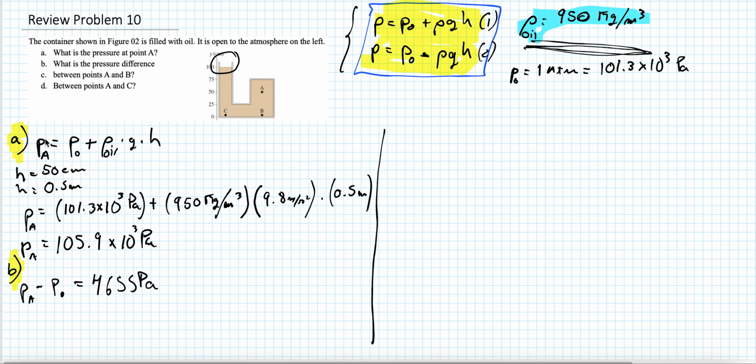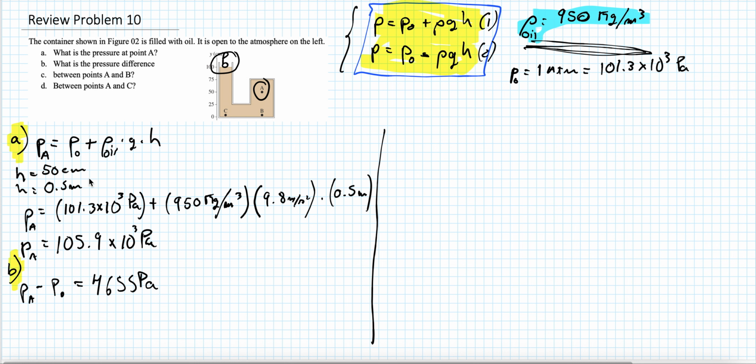So take a look. We have the pressure here in point A, and we need to calculate this pressure. This pressure will be the initial pressure, the atmosphere pressure, plus the density of oil times gravity times the difference in depth between these two points.